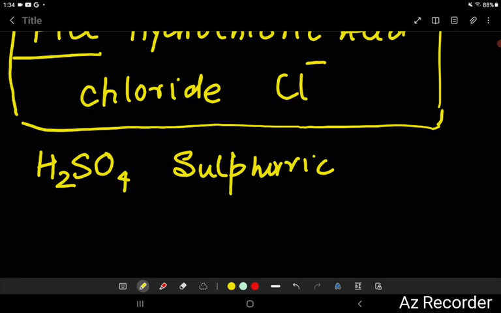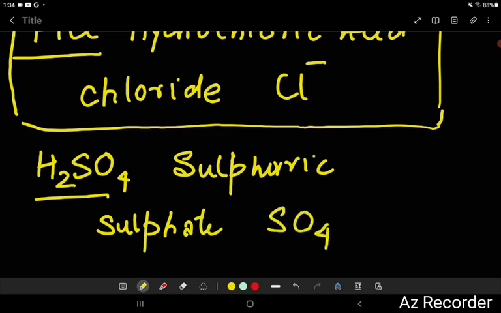And when this acid reacts with any substance, the major product will be the sulfate salt, that is sulfate, SO4 with a negative charge. This is the symbol of this. Actually, sulfuric acid is a dibasic acid, so it may form two types of salt.